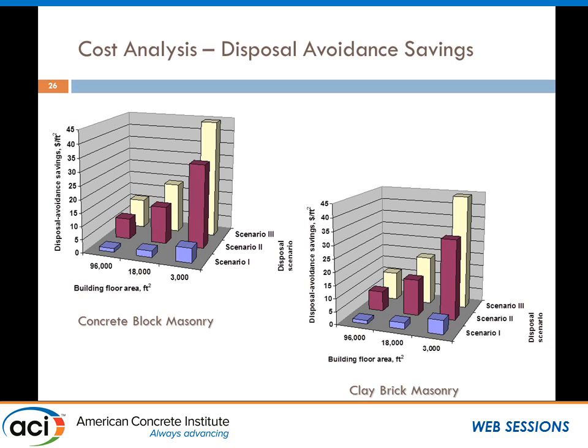Once again, scenario 1 is to simply demolish it and put it in a regular landfill. And you can see the saving could be, it's really hard to see from this 3D, but about $6 per square feet to as low as $1 per square feet. But that's the first scenario.